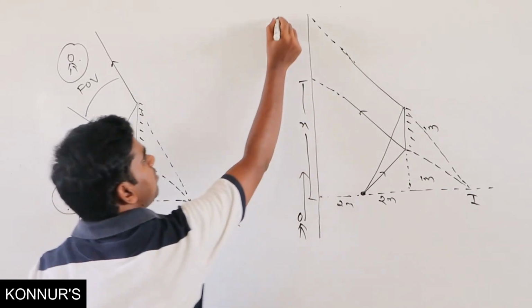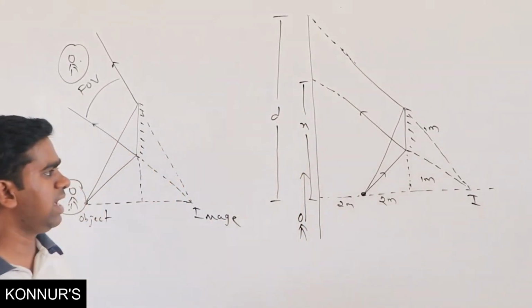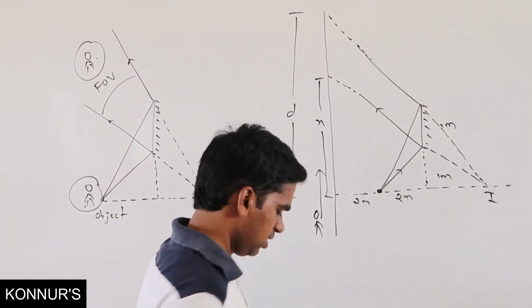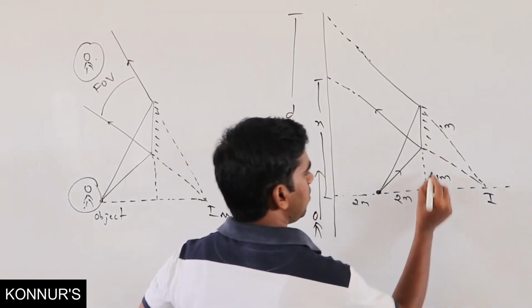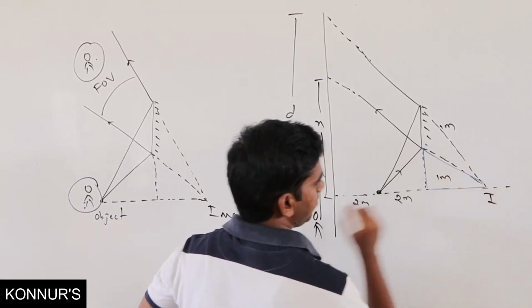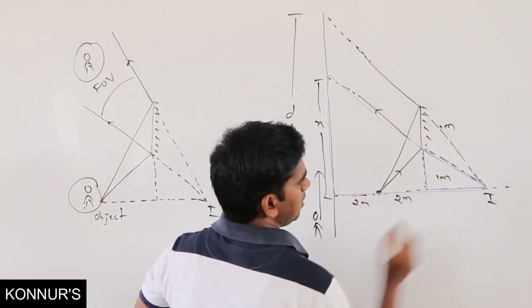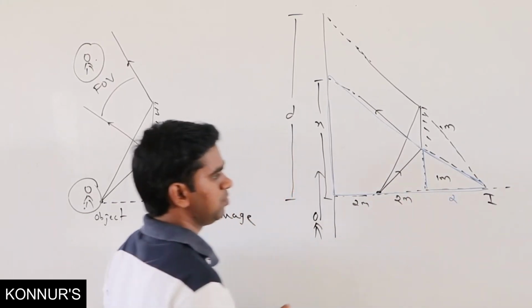Okay, so if you take the total distance as d, how can we calculate it? Again we can use the similar triangle concept here. So this is one triangle. Now take another triangle, this triangle. If this is 2 meter, this is also going to be 2 meter.